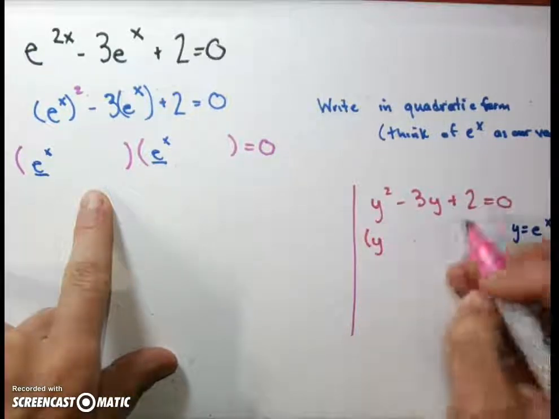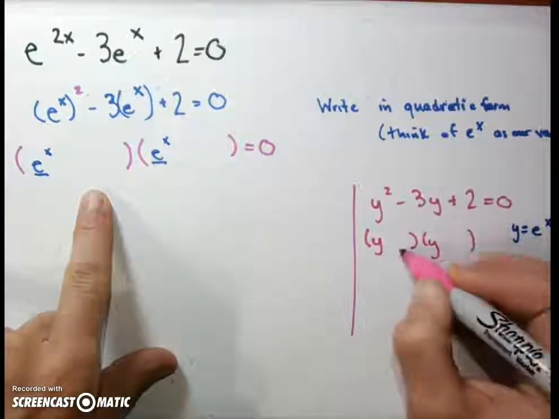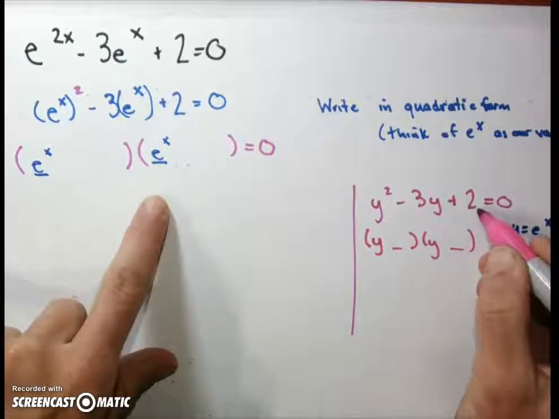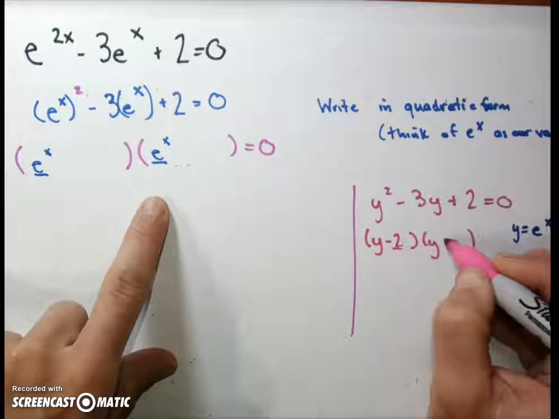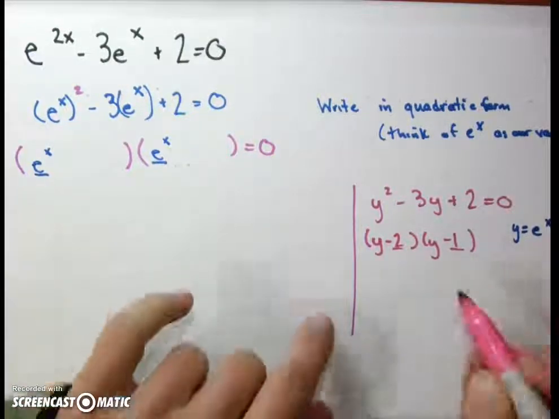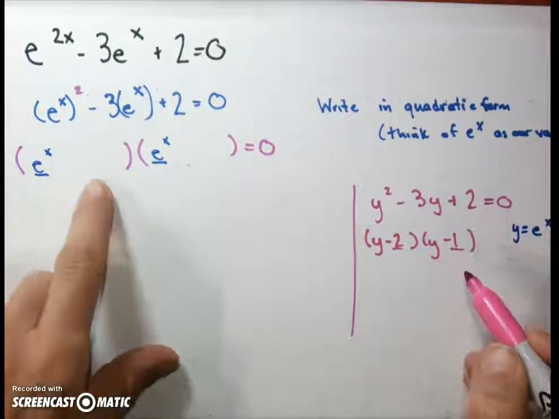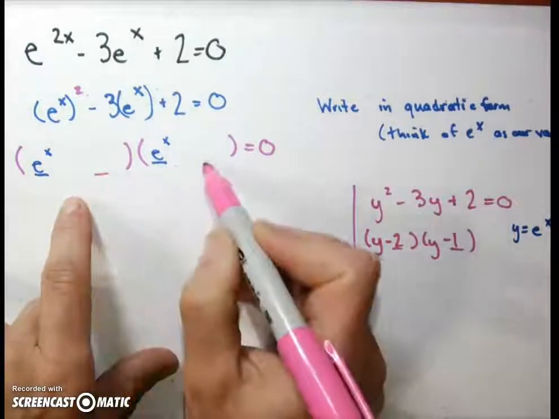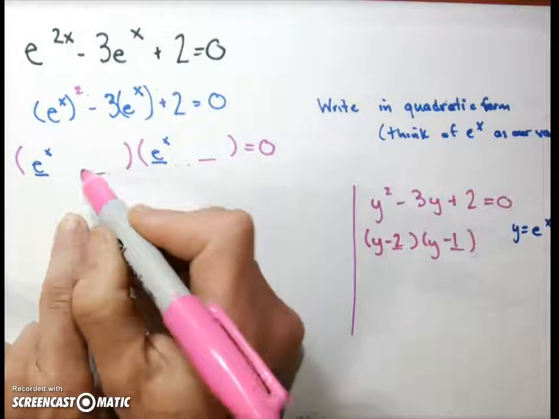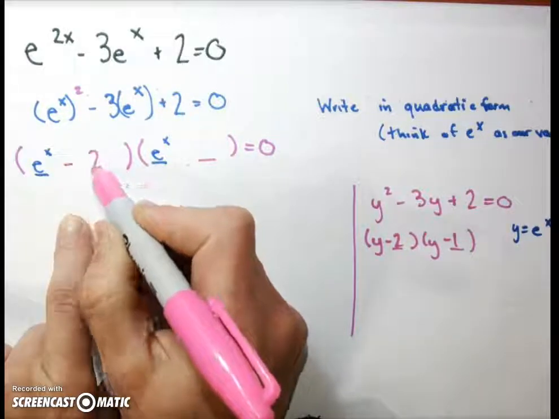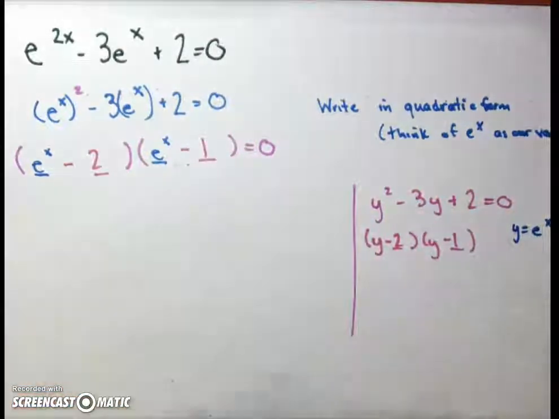This is going to be y and y. This term and this term have to multiply to 2 and add to negative 3, so it's going to be minus 2 and minus 1. And that's how this one should factor as well. This term and this term have to multiply to 2 and add to minus 3. So I have minus 2 and minus 1.